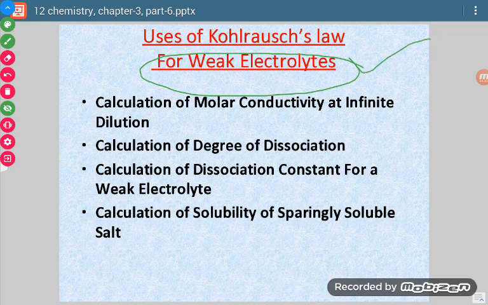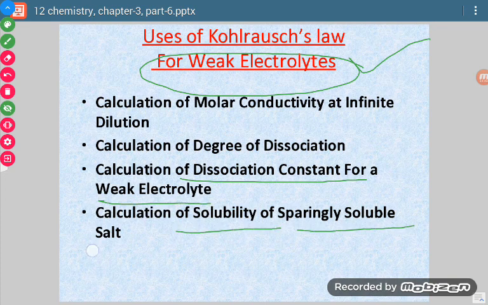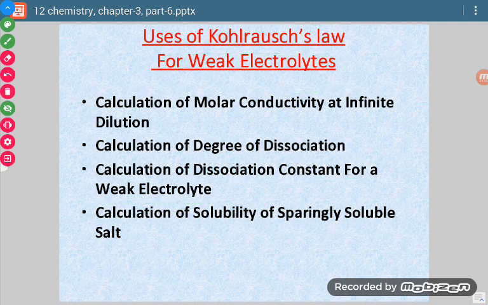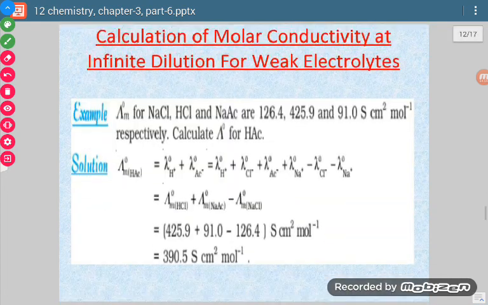So first, we can calculate the molar conductivity at infinite dilution of a weak electrolyte. Second, we can calculate the degree of dissociation of a weak electrolyte. Third, we can calculate the dissociation constant of a weak electrolyte. And fourth, we can calculate the solubility of sparingly soluble salts. Sparingly soluble salts means those salts which have a very low value of solubility.